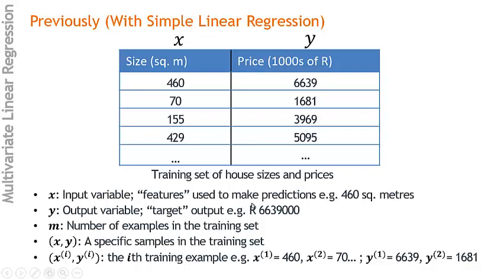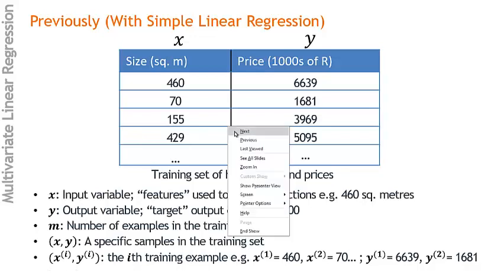So you can see here x of 1 equals 460. That's the first element for x. X of 2 equals 70, etc. And y of 1 is the first element in the table for y. Y of 2 is the second element. So we'll consistently use this notation to indicate specific instances in our database.